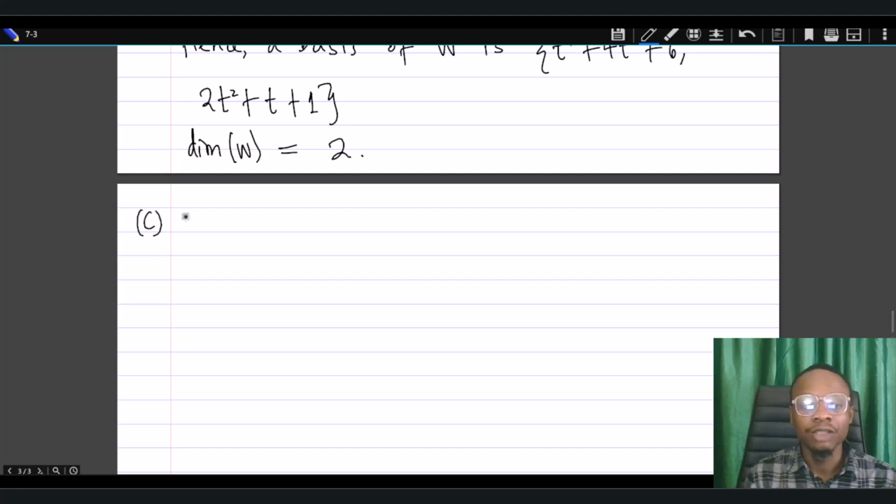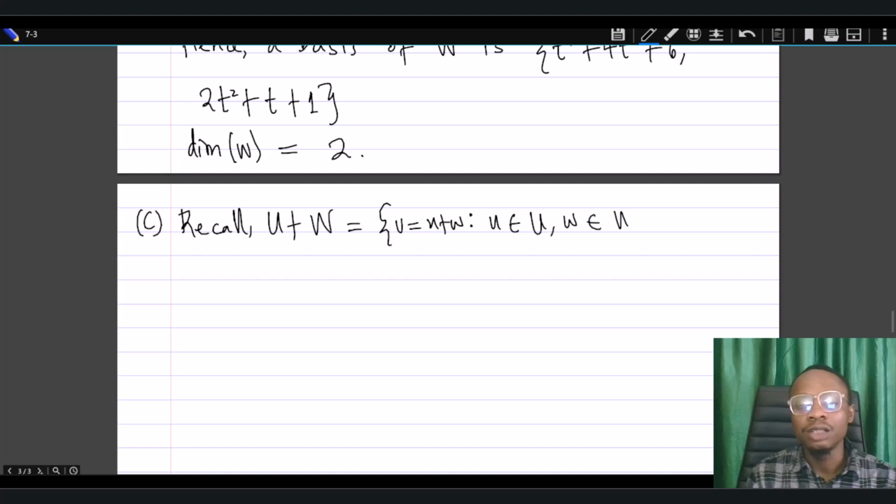Just recall the meaning of U plus W: the sum of two vector spaces, from what we've done, is the vector space that contains those vectors V, where V equals U plus W, such that U is in U and W is in W. It contains those vectors V that are equivalent to U plus W, such that U is an element in U and W is an element in W.